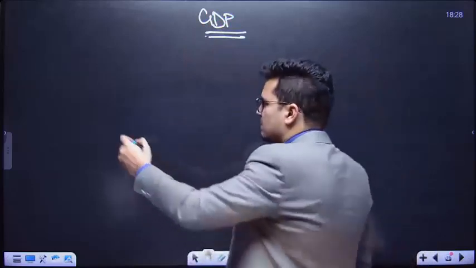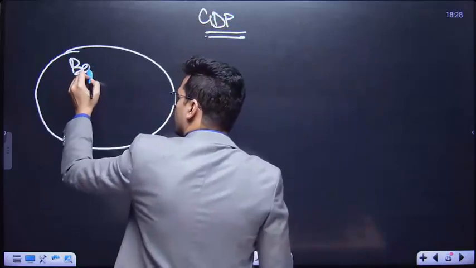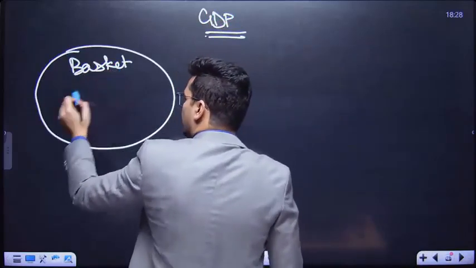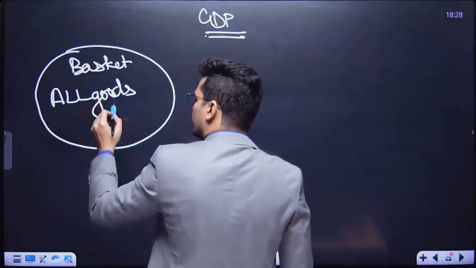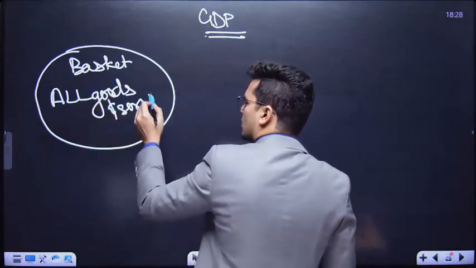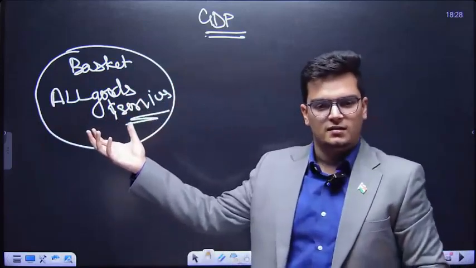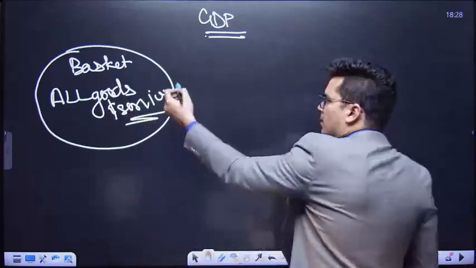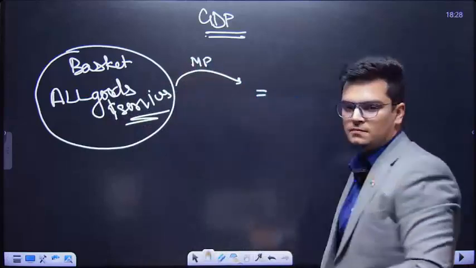अगर मैं इस बास्केट में, the basket that I have made, if all goods and services are there of the economy, the market price of this basket will be equal to what?